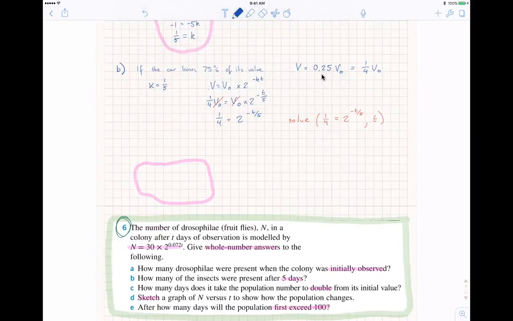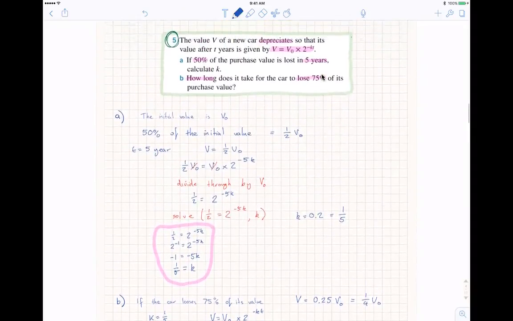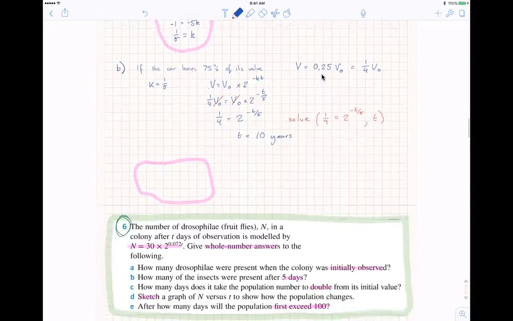And what you will find is that t equals 10 years. We were working in years, weren't we? Let's read the question. Yep, that was years.